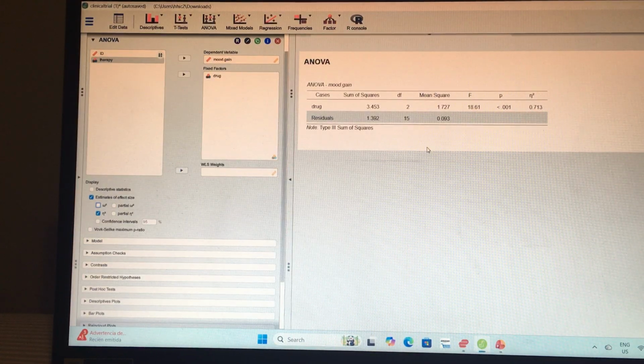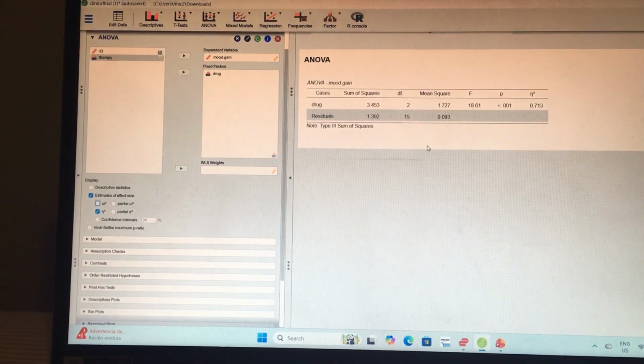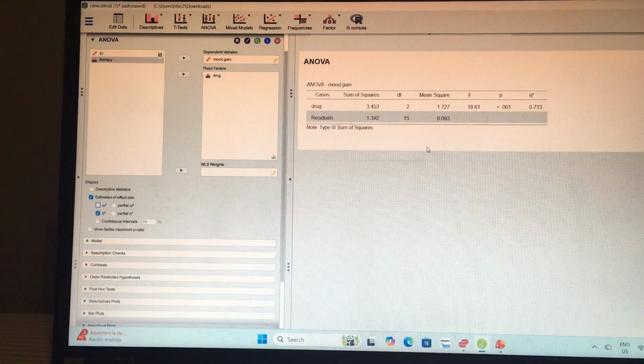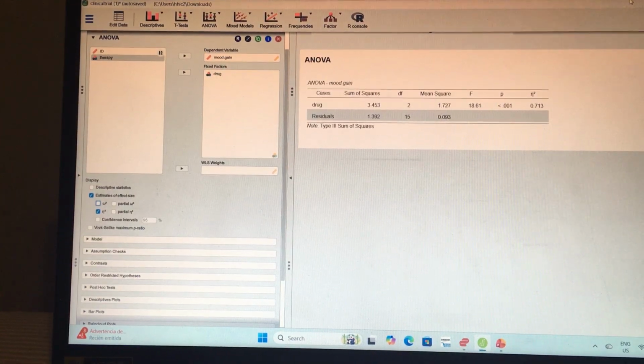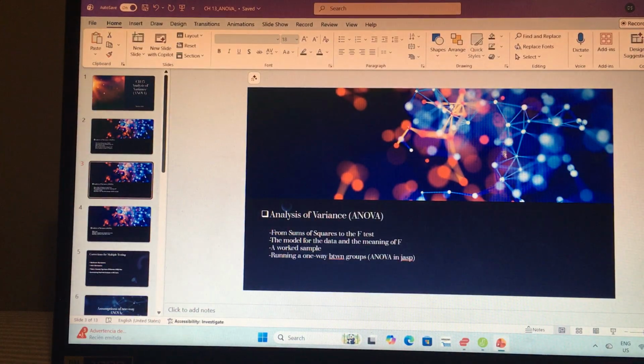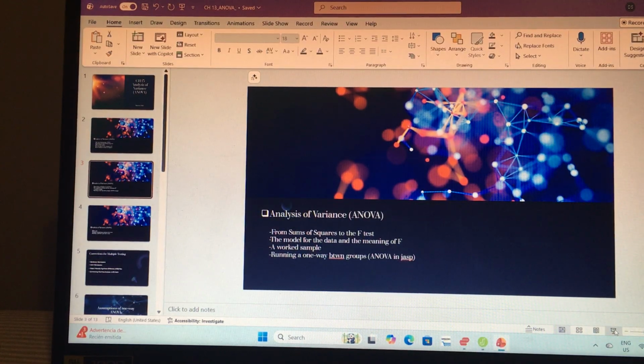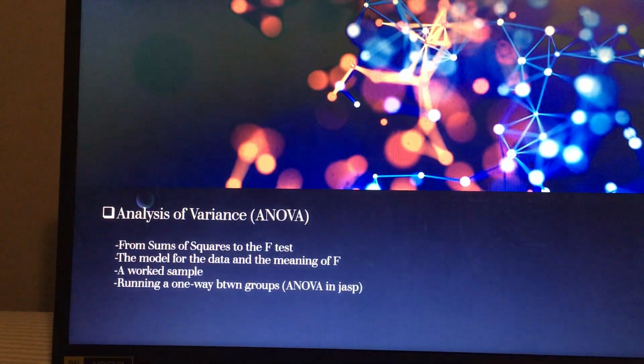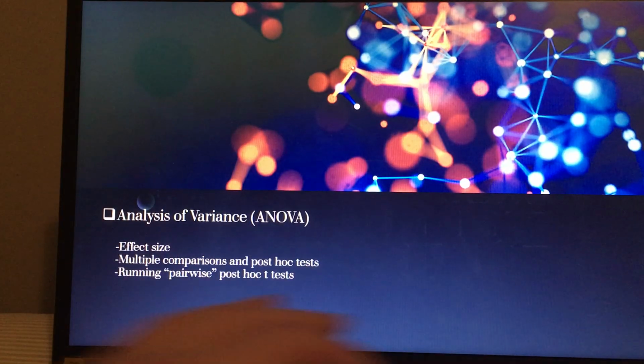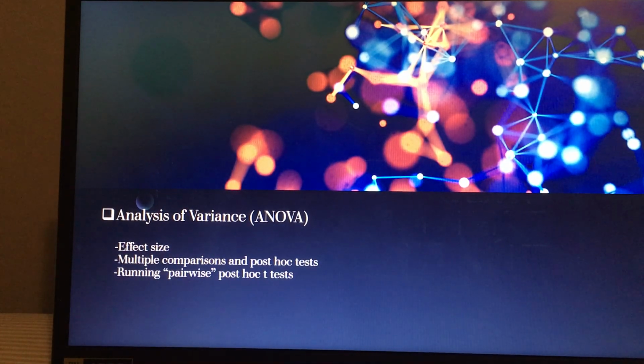So let's keep going. The next section is going to look at effect size. We're in section 13.4. There are a few different ways that you can measure the effect size in ANOVA.